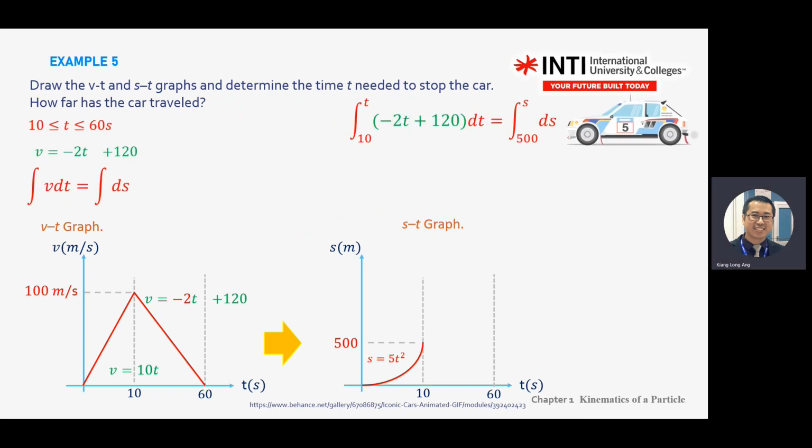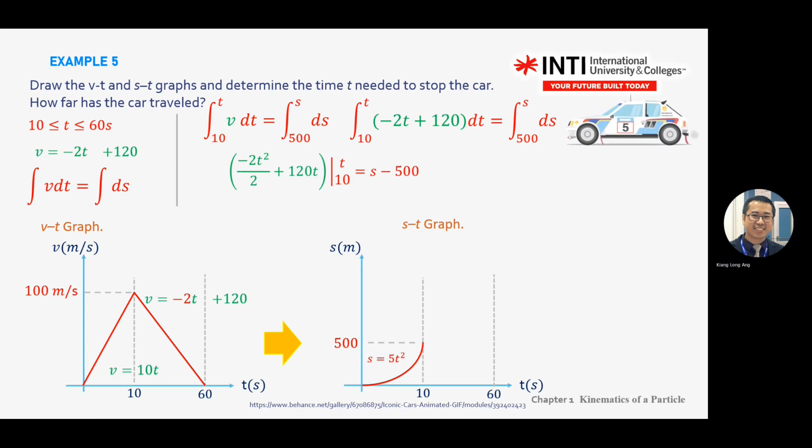So you substitute minus 2t and so on. You integrate minus 2t, you get minus 2t squared divided by 2, so you get minus 1t squared. This one, 120, you integrate, you add a t there. So again, you get this equation. You do the integration step, still the same. This side, you substitute t there.